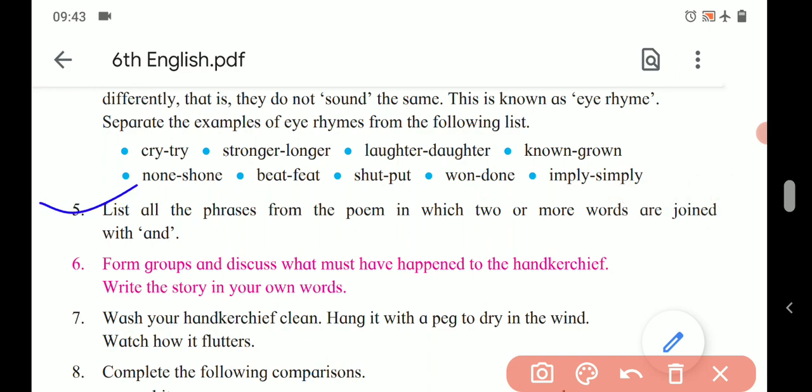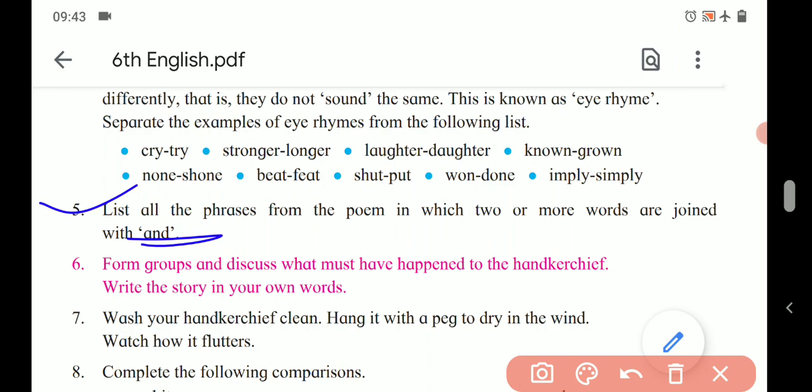Next, list all the phrases from the poem in which two or more words are joined with and. We know that when we talk about two or many things, many persons, at that time we use and. For example, Raj and Rahul, Sita and Geeta, pen and pencil, right?